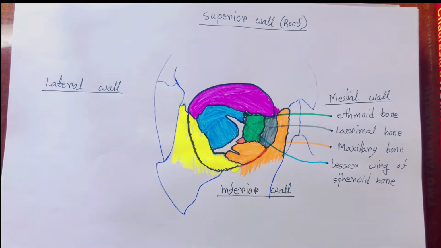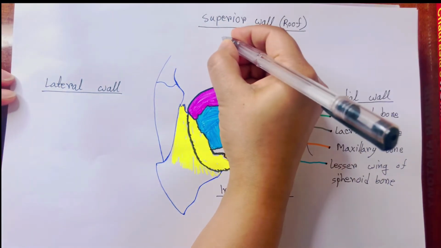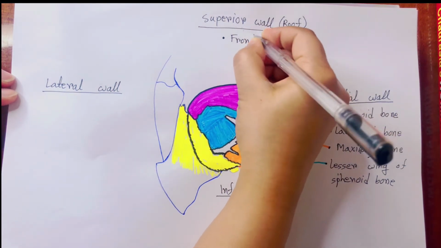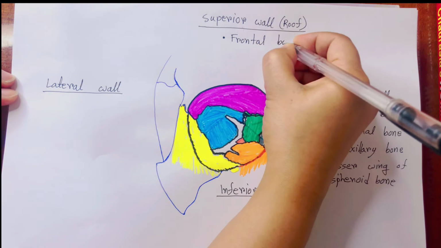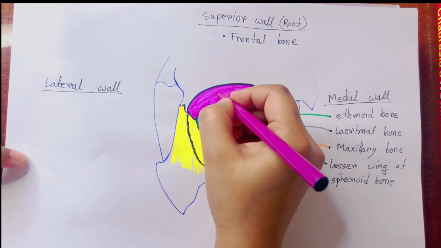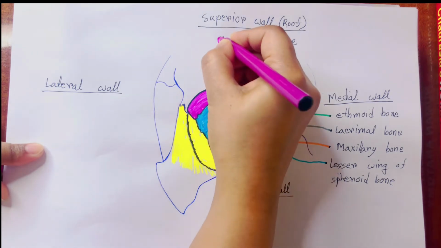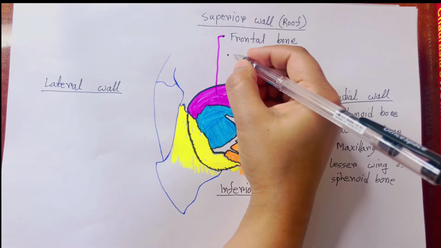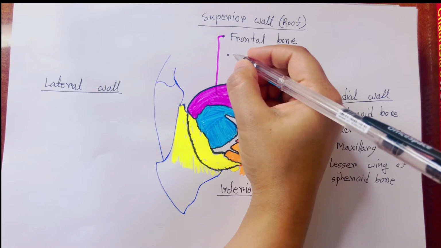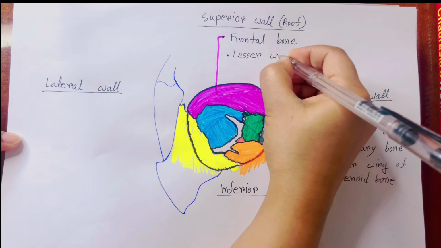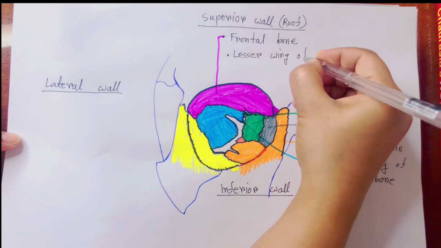Now we'll see superior wall. Superior wall is made up by 2 bones. Frontal bone, orbital part of the frontal bone, and a small posterior part by the lesser wing of sphenoid bone.